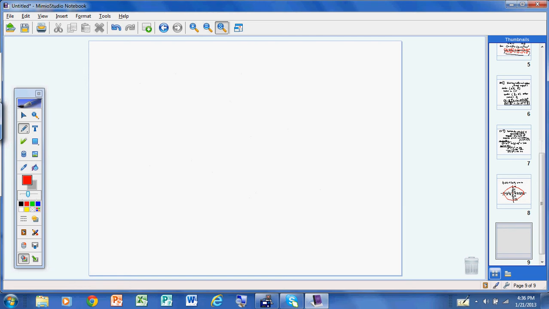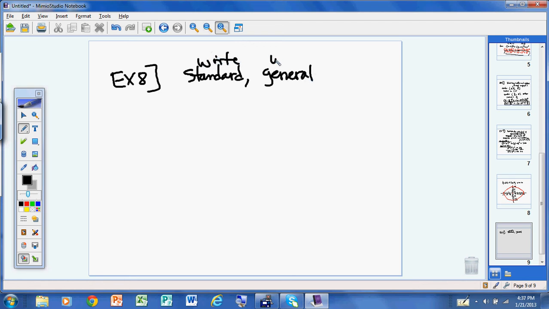Okay, let's look at example number 8. Example number 8 also wants us to write standard form, general form, and then they want us to graph.